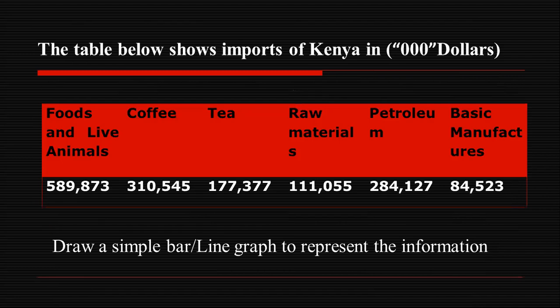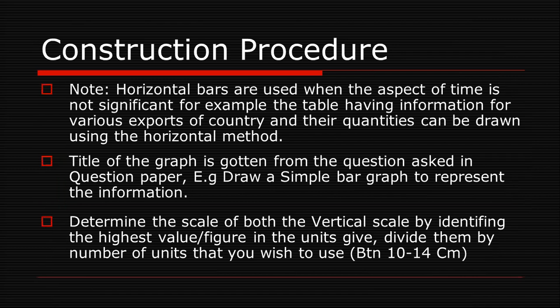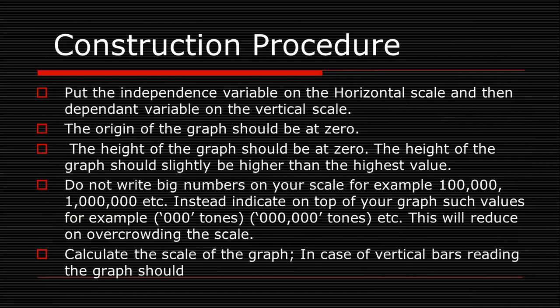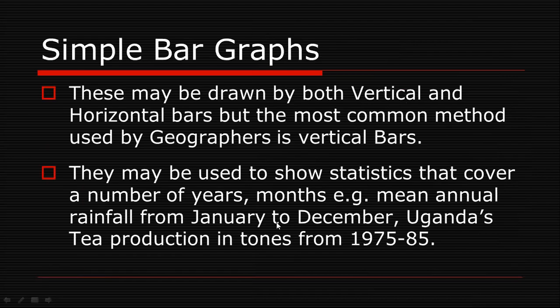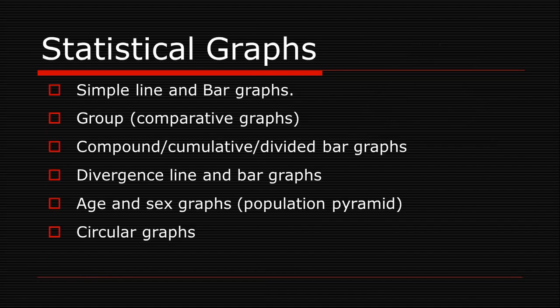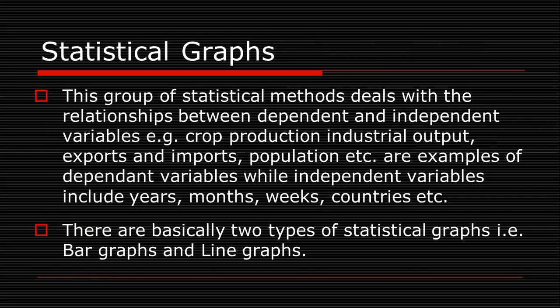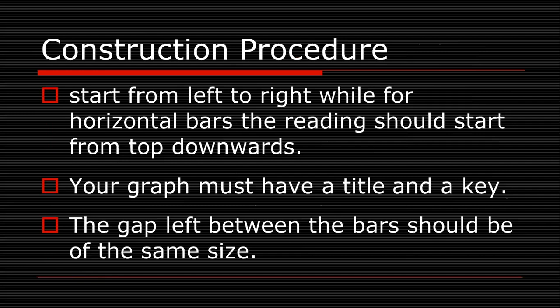The information which you have been given helps you to understand the procedure on how you get the scale. If such information, for example, is given to you, I'm ending with this and then we shall call it a day.